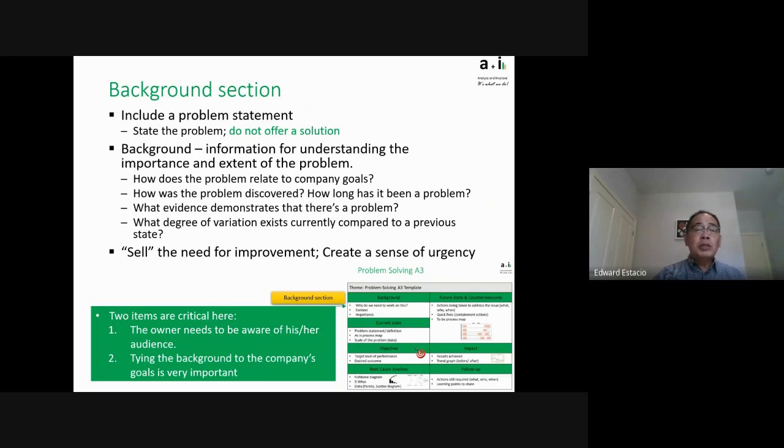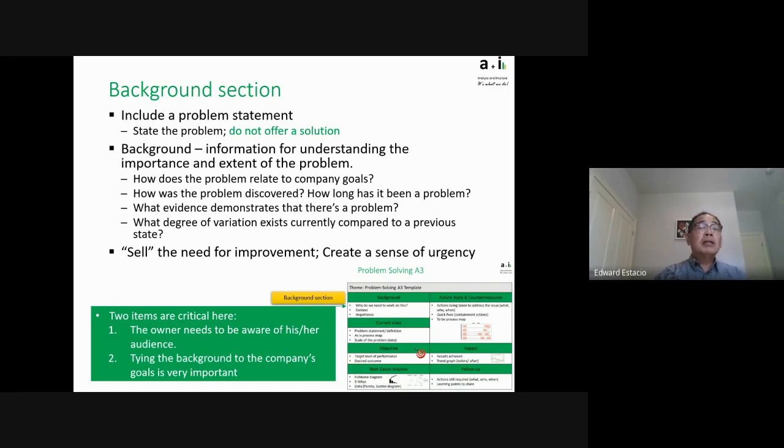What's the point in doing something that's not related to the overall company's goals? How did we discover it? How long has it been a problem? Is it a month, a year? How long has it been ongoing? What evidence demonstrates that there is a problem? Do we have the data to prove that there is a problem?